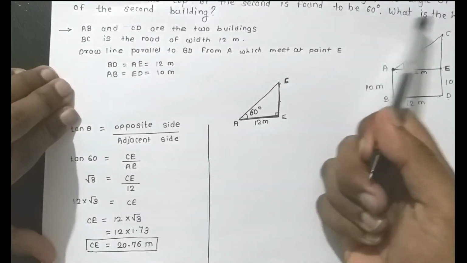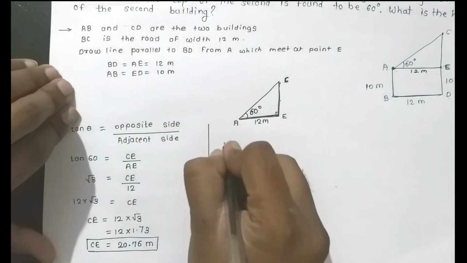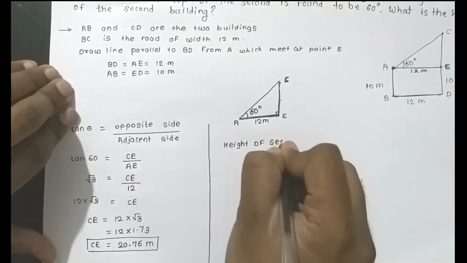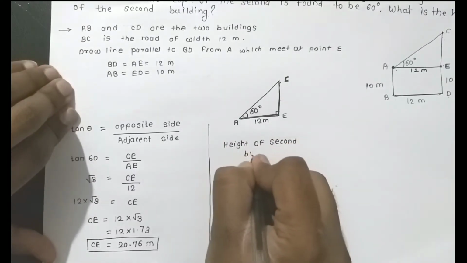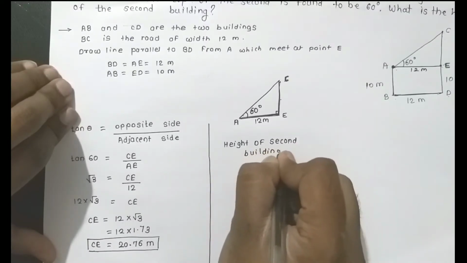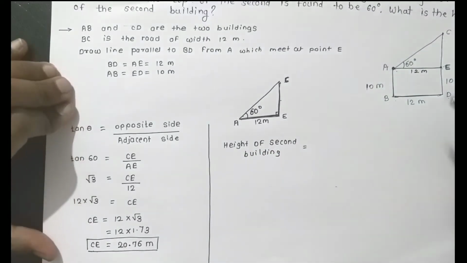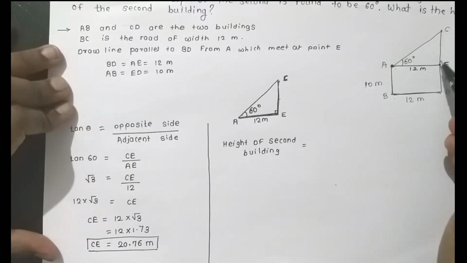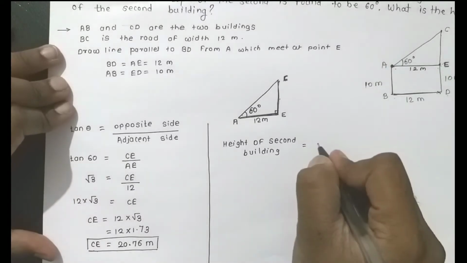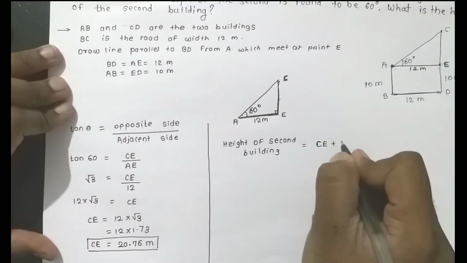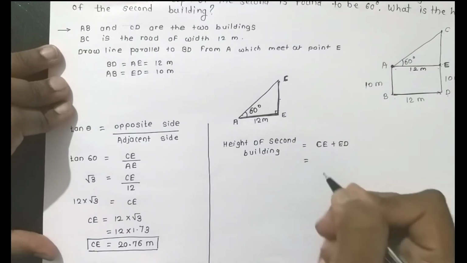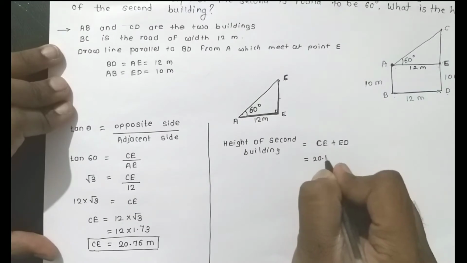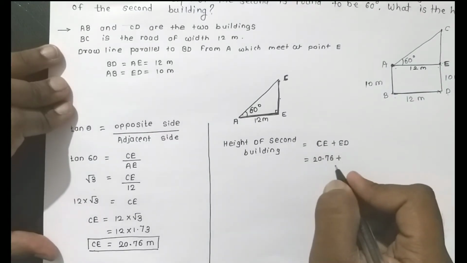What we have to find, what is the height of second building? So height of second building is equal to, the second building is CD. In that there are two parts, CE and ED. So I write CE plus ED. Value for CE is 20.76.